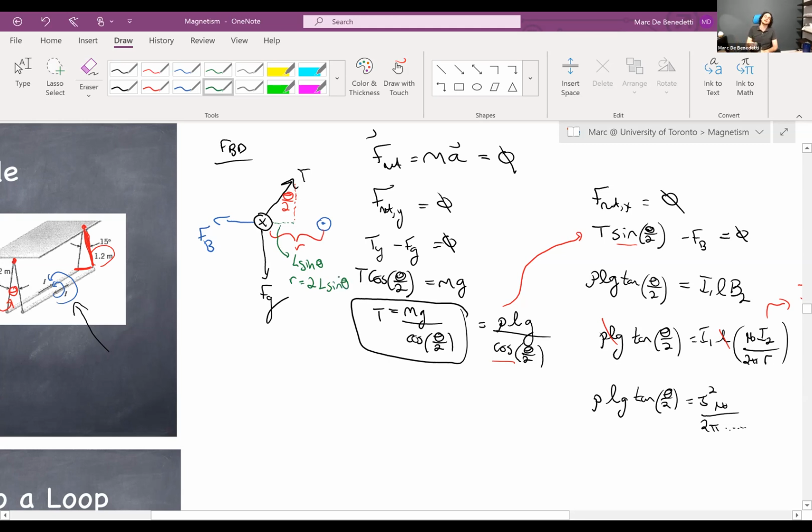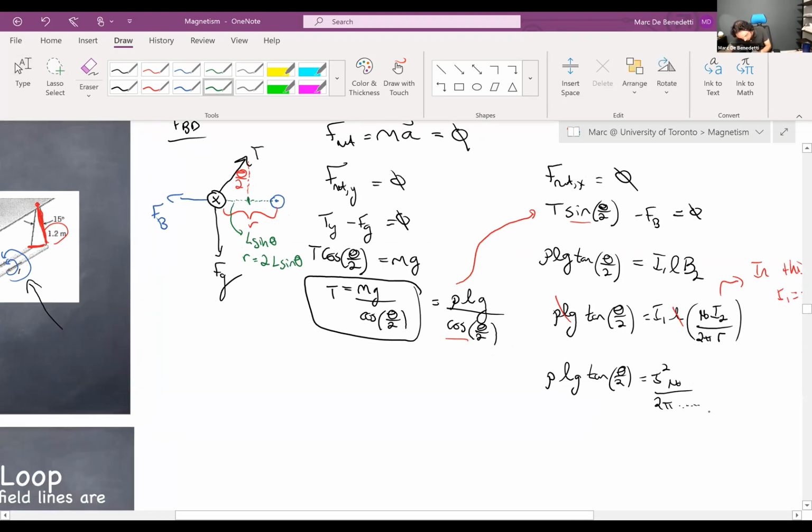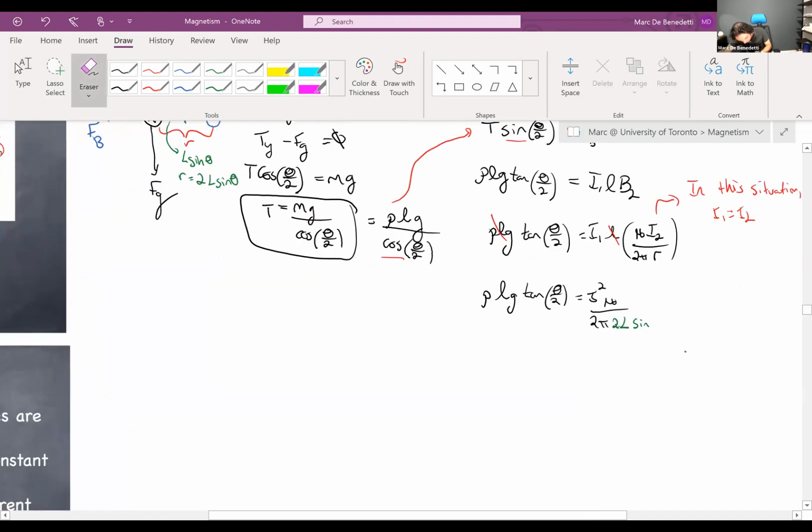Because L sine theta is only half of the distance between the two wires. So to get the full distance, it's twice that amount. So down here, we can say the R value is going to be 2L sine theta. Oh, the pen is acting weird toward the bottom of the screen.